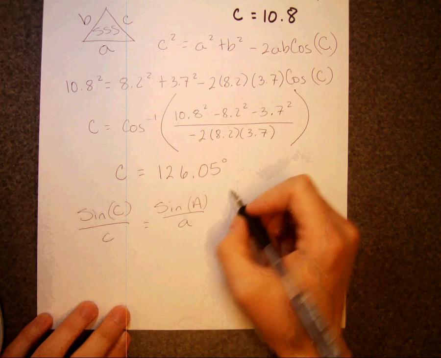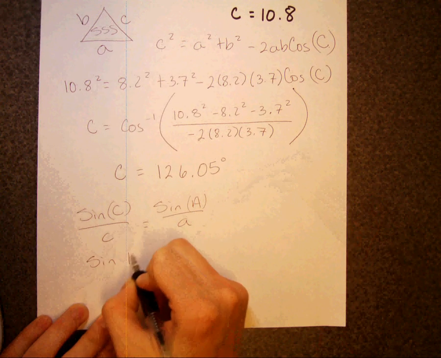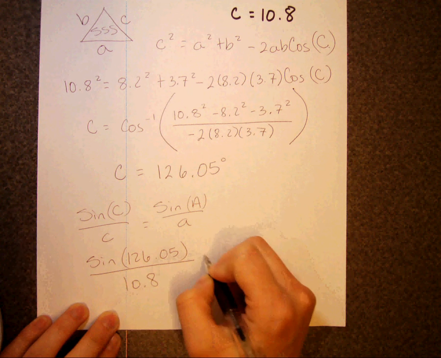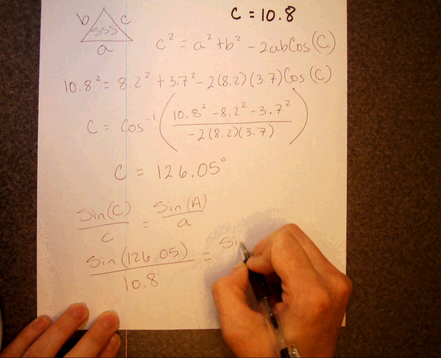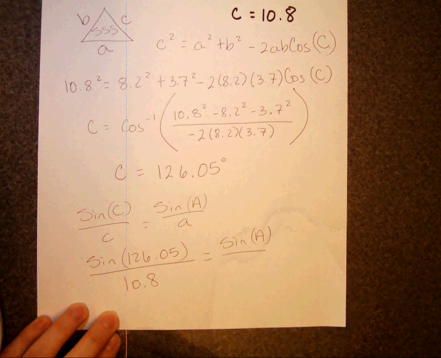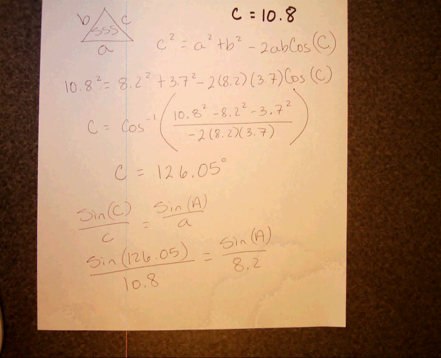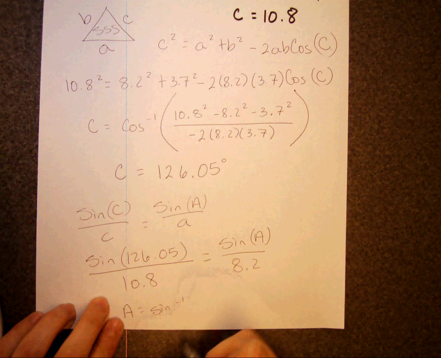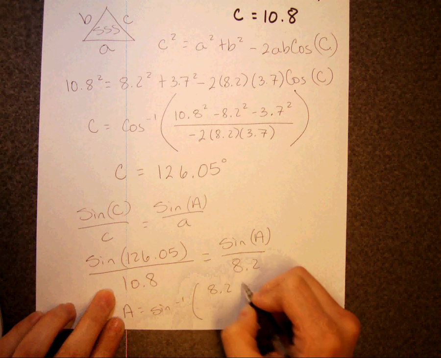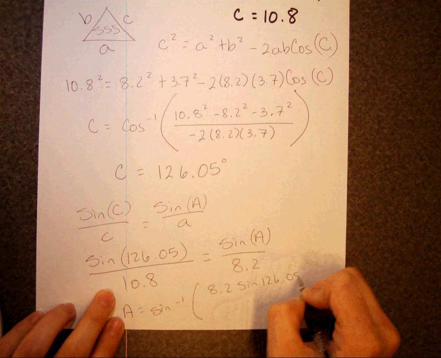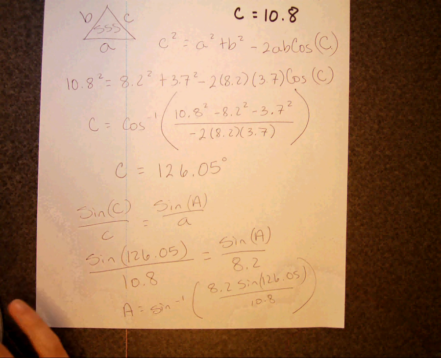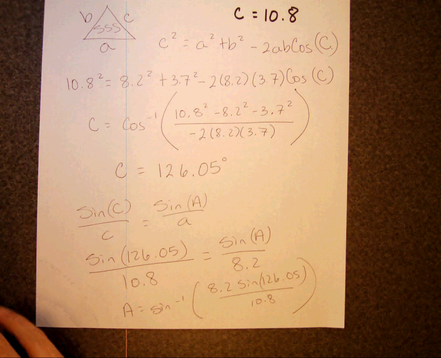Plugging all of my values in, I get sine of 126.05 divided by 10.8 equals sine of A over 8.2. Cross multiply, divide. I'm looking for the angle, so I do need to use the inverse trig function. So A equals sine inverse of 8.2 sine of 126.05 divided by 10.8. Plug all that into your calculator. Again, be very careful.